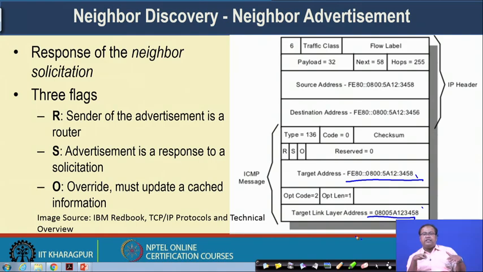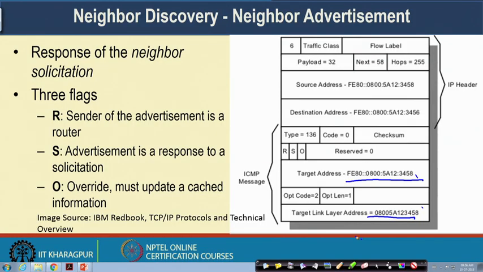Neighbor advertisements are not only sent as a response to neighbor solicitation. Whenever you send a neighbor solicitation, you will get an advertisement, but apart from that every node periodically sends this neighbor advertisement message, so that they can form one-hop link connectivity.